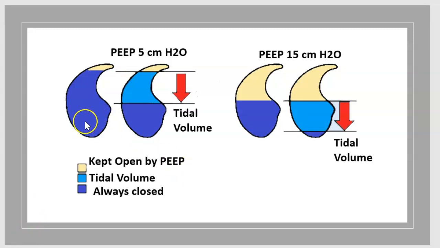Here the alveolus is always closed. Here the alveolus is kept open by PEEP of 5 centimeters. Here the alveolus is kept open by PEEP of 15 centimeters of water.